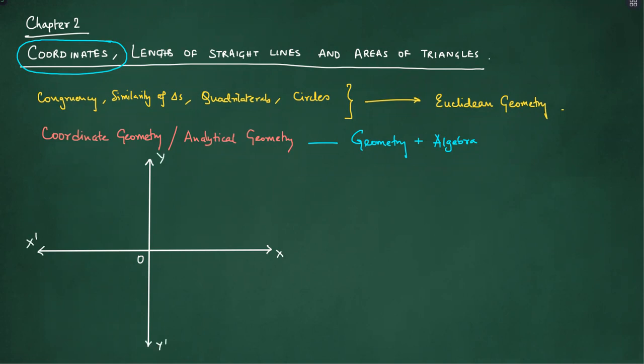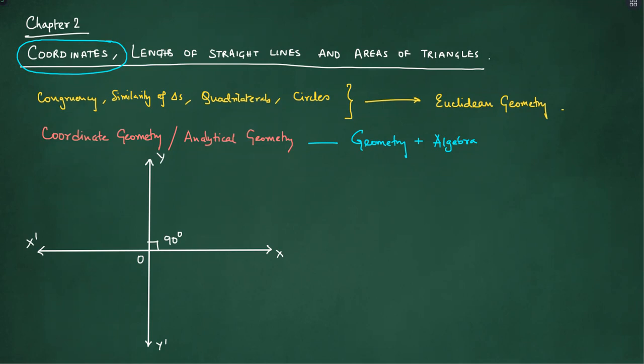It is assumed that this angle over here is 90 degrees. This is how we have generally been taught, that the axes always make an angle of 90 degrees with each other. However, that's not always true.